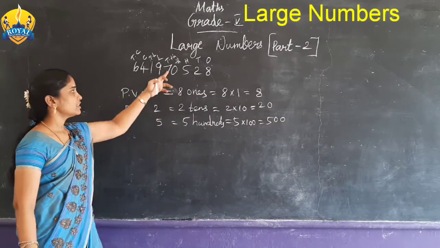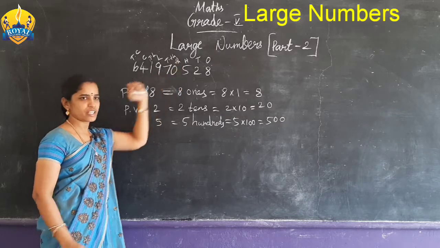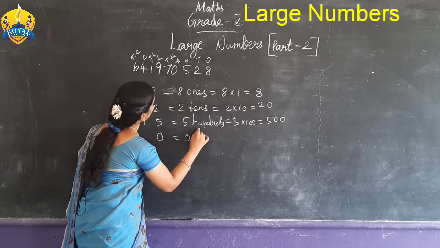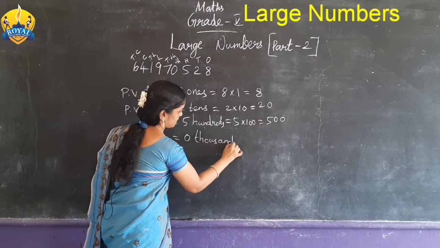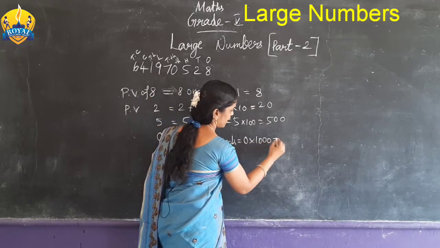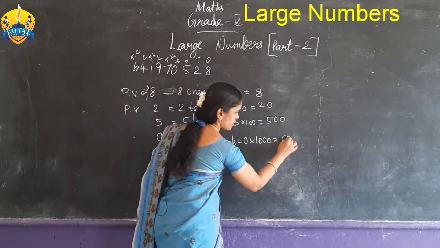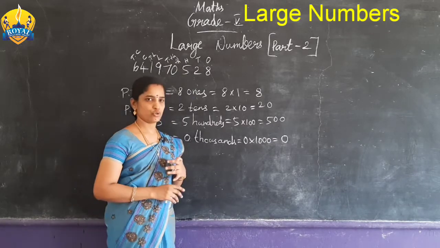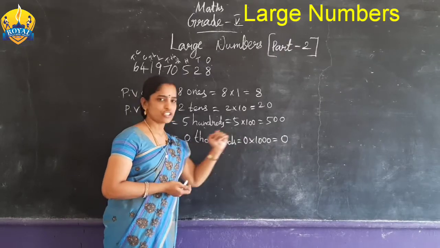The next one, the place value of 0 is 0 thousands. So 0 into 1000 we get 0, because any number multiplied by 0 gives answer 0.